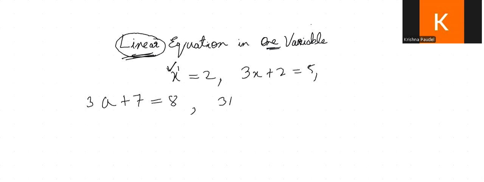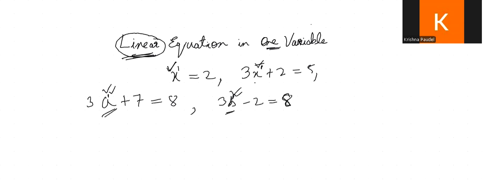If you see, in all these equations there is one thing common, and that is the variable. Here the variable is a, here the variable is x, here the variable is b, but all the variables have degree 1, and it's an equation because equal to is there, and one variable because only one variable has been used.